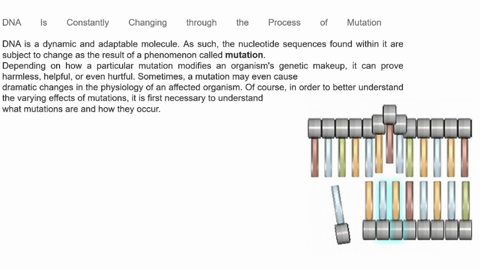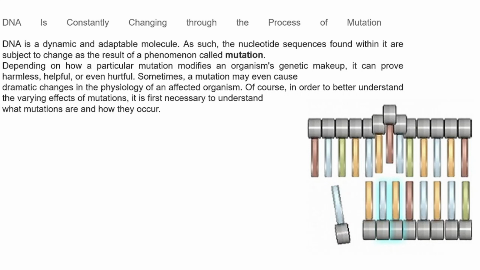Depending on how a particular mutation modifies an organism's genetic makeup, it can prove harmless, helpful, or even very damaging to the organism. Sometimes a mutation may even cause dramatic changes in the physiology of an affected organism.